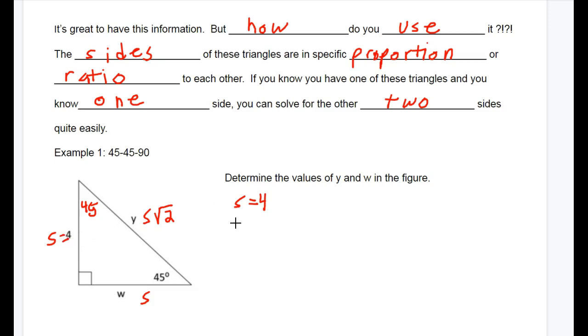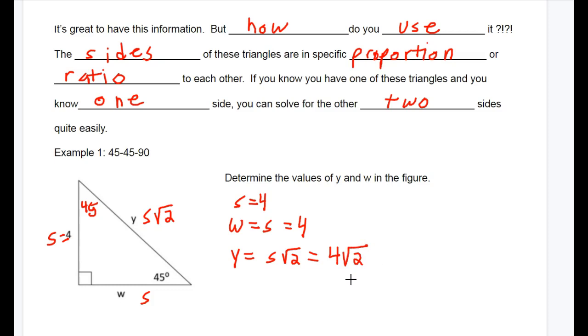Well, if S is 4, that means W down here is going to be the same length as S, and that's also going to be equal to 4. So far, so good. Y is going to be S times the square root of 2, which is going to be 4 times the square root of 2.